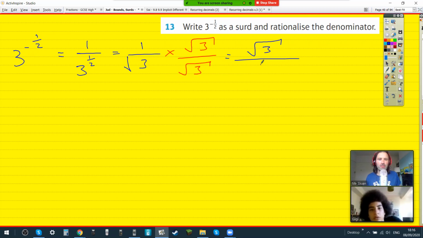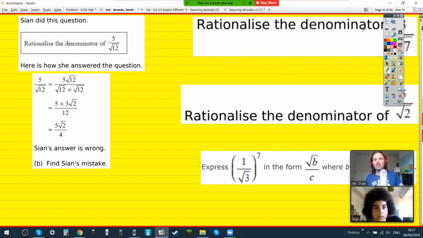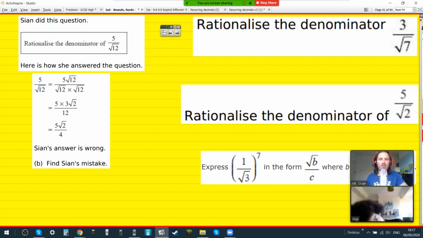Oh, root 3 over 3. Yes. And so now we have a rational denominator. It's not a square root, and so it's rationalized. Well done.